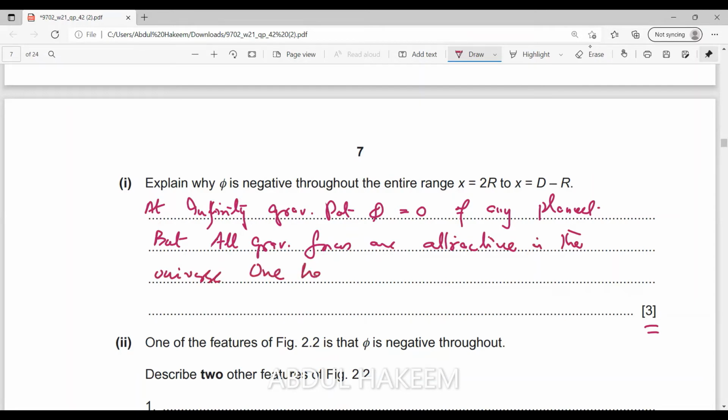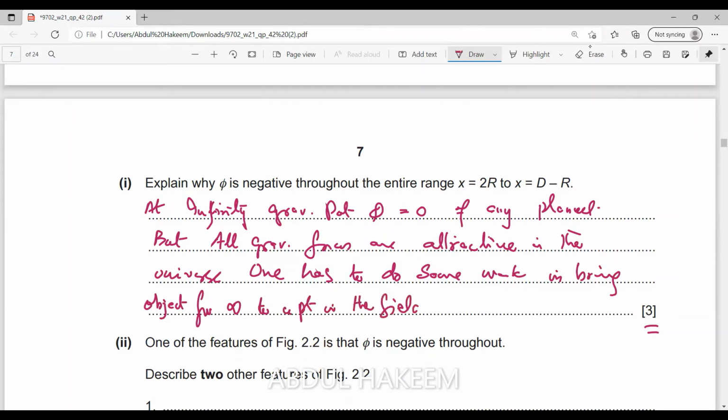But one has to perform some work in bringing an object from infinity to a point in the field, thus phi appears negative inside the field. So this is the answer.